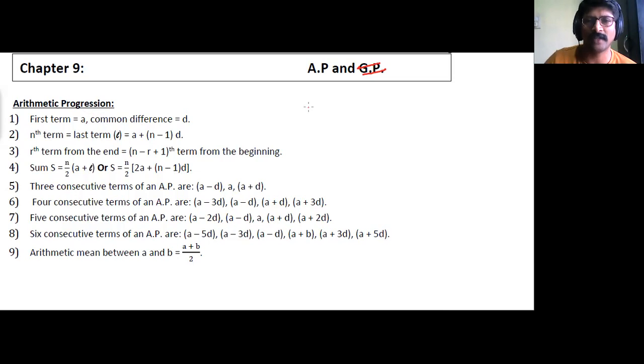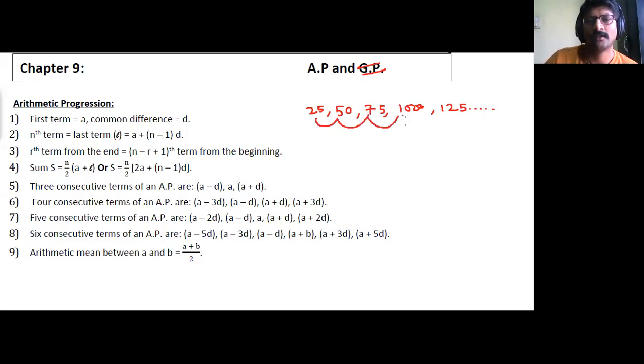For example, I can say the numbers are like this: 25, 50, and then 75, then 100, then 125, and so on. So this is a list of numbers where the progression is in increasing order.